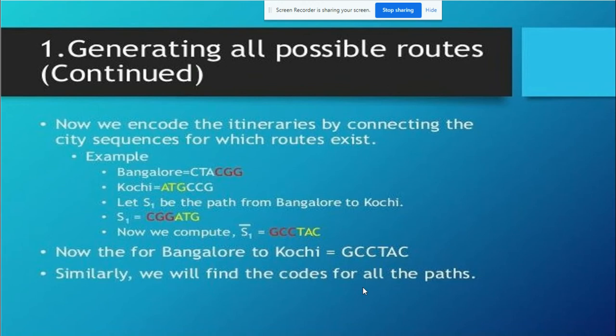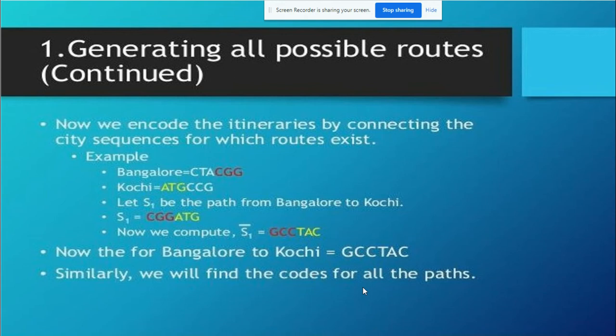Generating all possible routes. Now we encode itineraries by connecting the city sequence for each route. For example, Mangalore has the city code CTACGG.